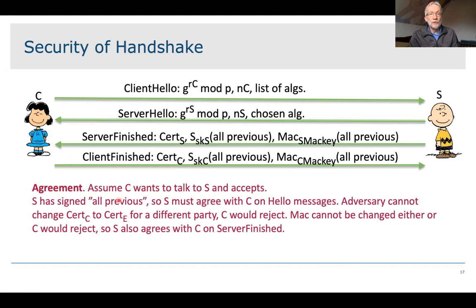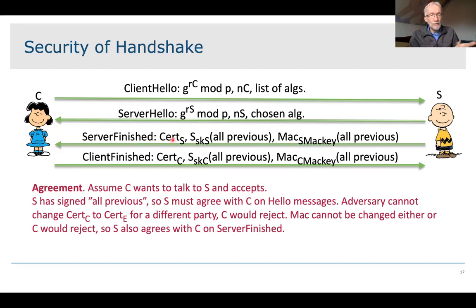Well, so we certainly agree on the hello messages, and also if you look at the server finish thing here, well, an adversary could of course try to manipulate this stuff here. But you cannot really change the certificate of S for a different certificate for a different party, because C wants to talk to S, right?